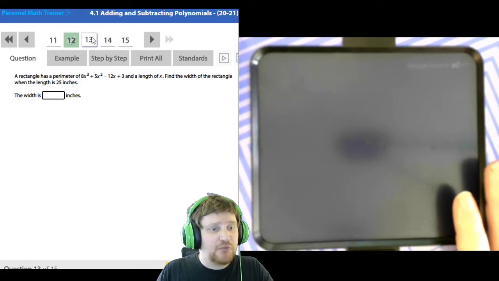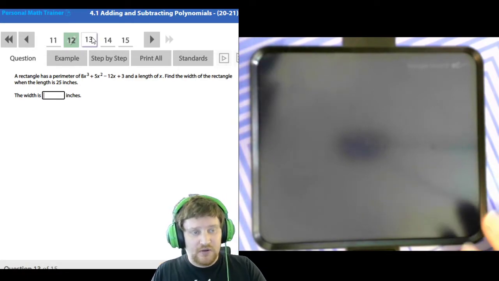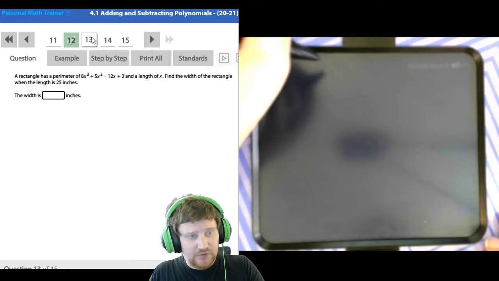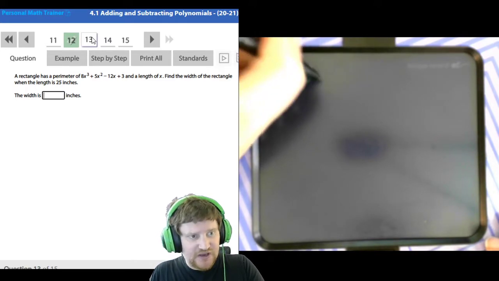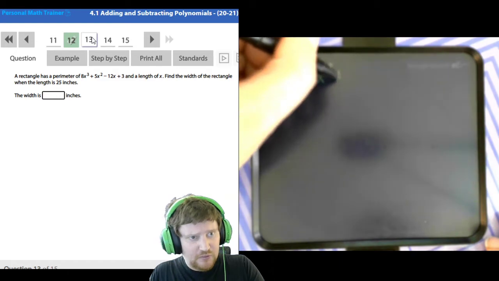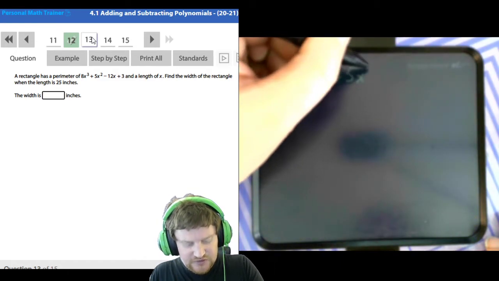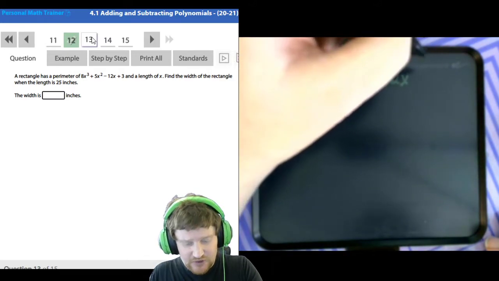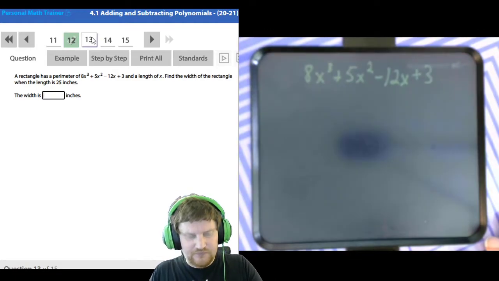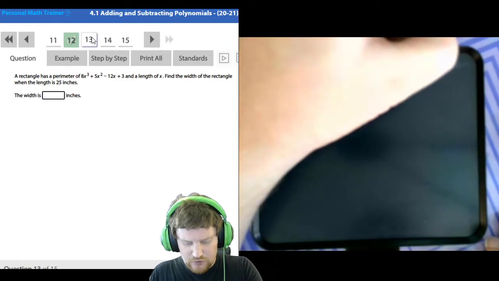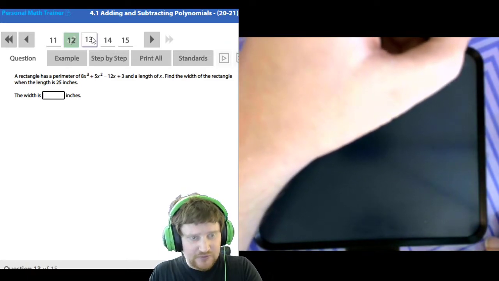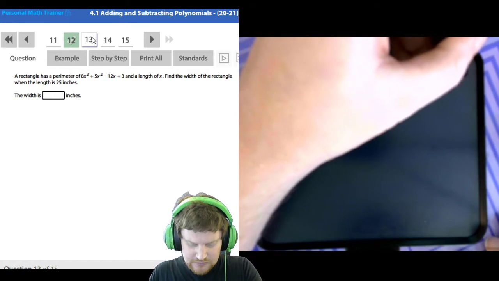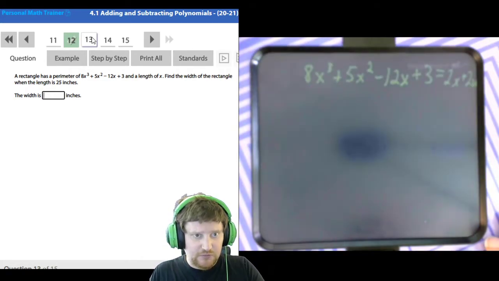Oh, this time they're giving us the perimeter and the length and want us to find the width. So for this one, we need to remember that perimeter, which is 8x cubed plus 5x squared minus 12x plus 3, equals 2 times the length, which is x, plus 2 width, 2w.